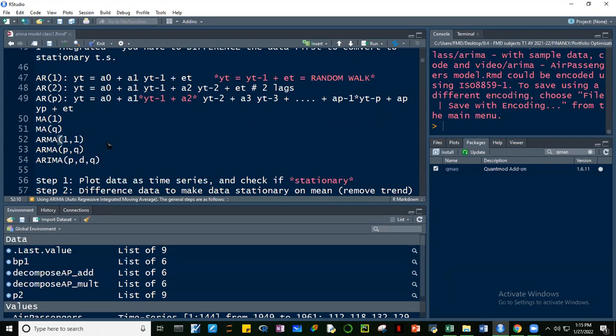Okay? So ang principle, guys, pag AR process, ginagamit natin yung past values of itself. Okay? Katulad nitong AR1, sabi ko nga, ginagamit natin si a sub 1 times y sub t minus 1. Pag AR2 process, y sub t minus 1 at saka y sub t minus 2, yung nagiging predictors natin.